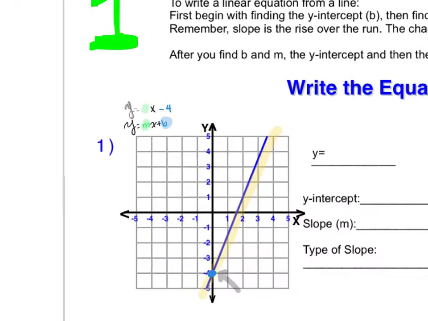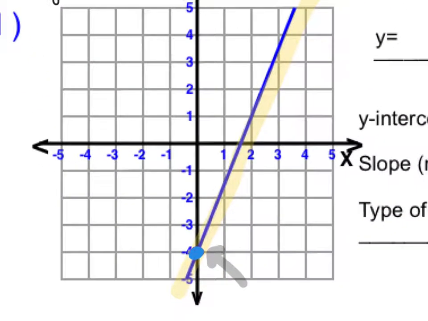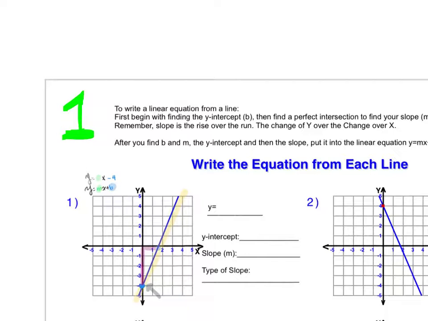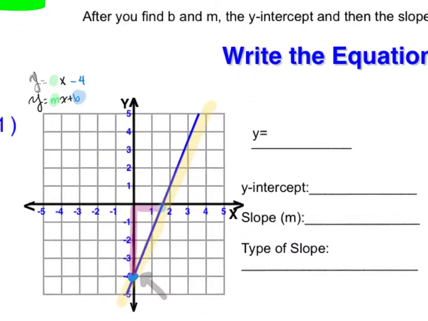So looking at this, how can I get my rise over my run? Well, if I go here, I don't really know what point this is right now. It's not a perfect corner. Your instruction says to write a linear equation from a line, first begin with finding the y-intercept. When you're taking the exam, look for the y-intercept.